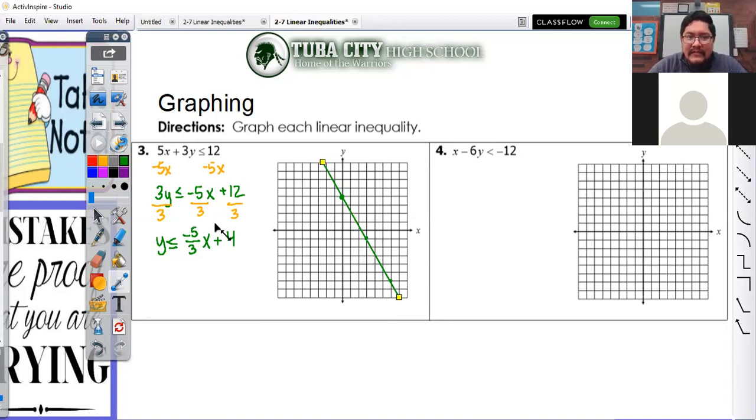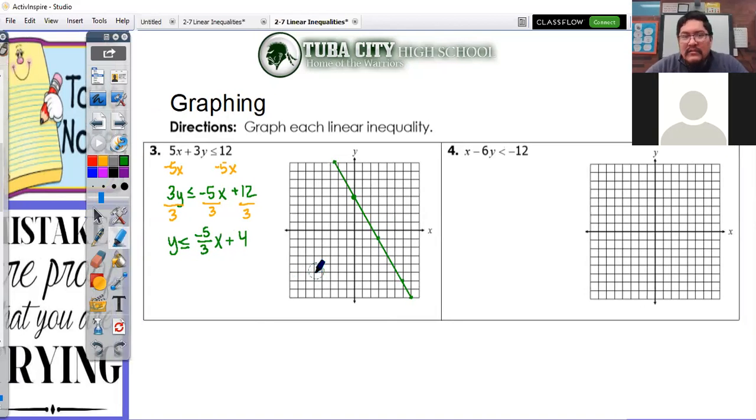We graphed the line. The last step will be to shade the correct side. So now I want to shade. Is it going to be on top of the graph, which would be up here, or do we shade on the bottom of the graph, which would be down here? Once it's in slope-intercept form, because slope-intercept form tells us a lot more about what's going on, look at the mouth and see if it's open away from or towards the y.